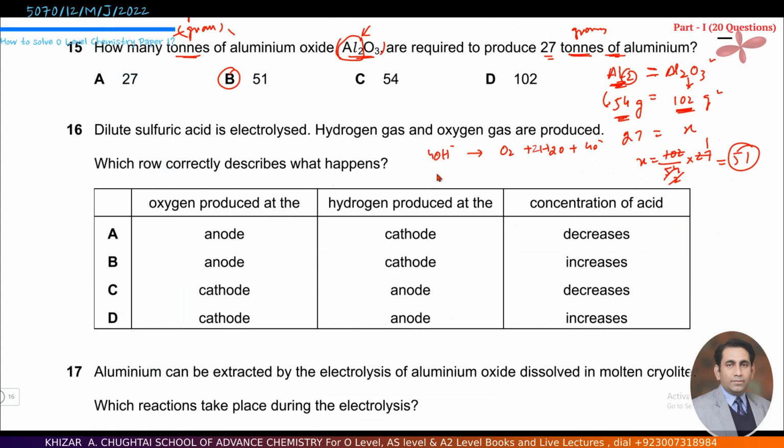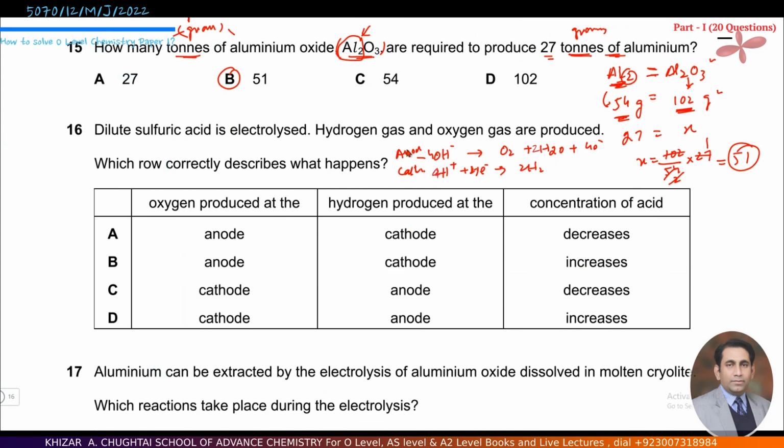And what is happening at the cathode? Hydrogen ions, 2H positive ions, are going to receive 4 moles of electrons to make 2 moles of hydrogen gas.